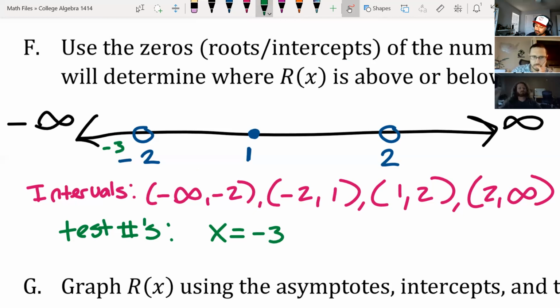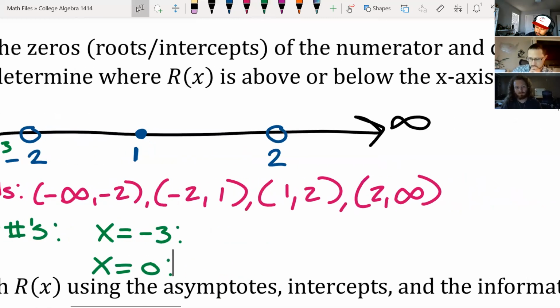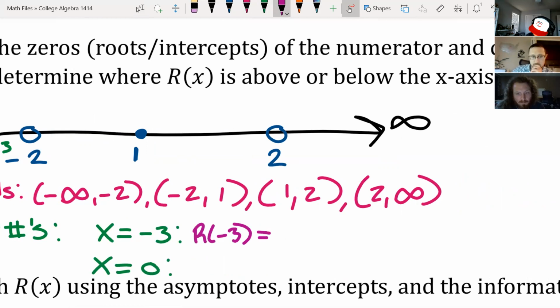Okay. And then give me a test number from -2 to 1, in between these two numbers. Now we're just scared to pick numbers. Yeah, 0. There you go. Before I move on, I'm going to rewrite this as r of -3 and r of 0, but we'll come back to that in a second.